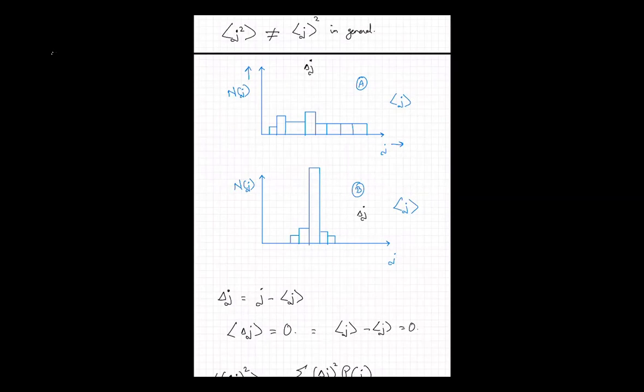For population B, again, this will be 0 because most of the people correspond to the average age, so delta J for each of them will be 0, and the sum will also be 0. So even though delta J looks like a reasonable measure, it's not actually a good measure because it turns out to be 0 for both population A and population B.